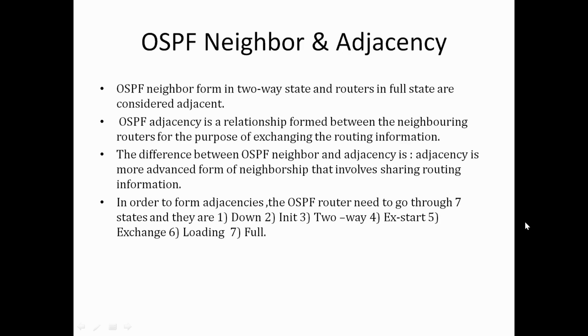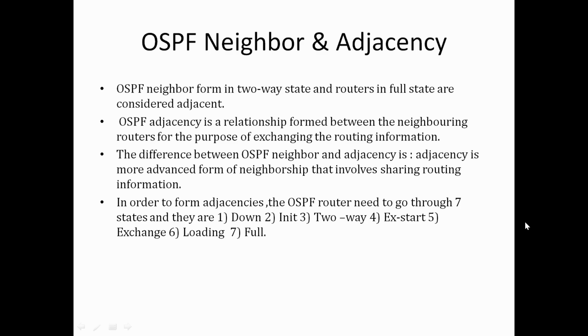What is an OSPF neighbor and adjacency? An OSPF neighbor is formed in the two-way state, and the routers in full state are considered adjacent. So let's see what happens in different states. OSPF adjacency is a relationship formed between neighboring routers for the purpose of exchanging routing information.